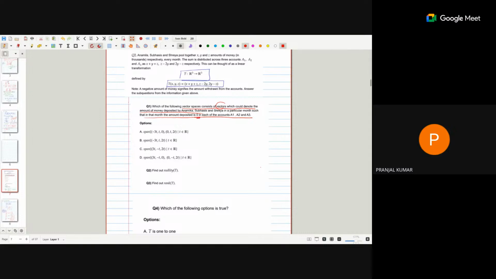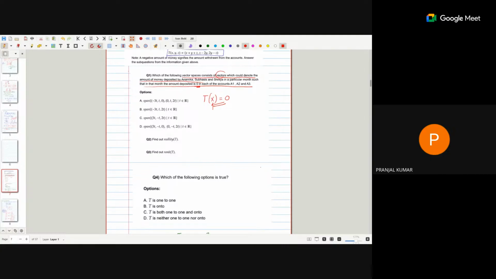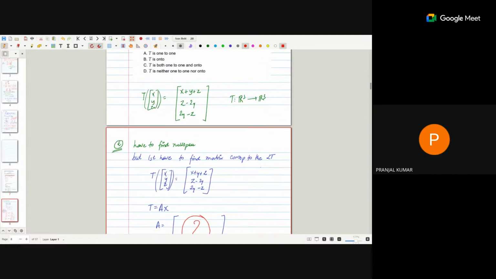So you have to find T(x) such that it is equal to 0. So all such vectors for which the transformation maps them to 0. So basically they are asking you to find the null space. Is this clear? Yes.